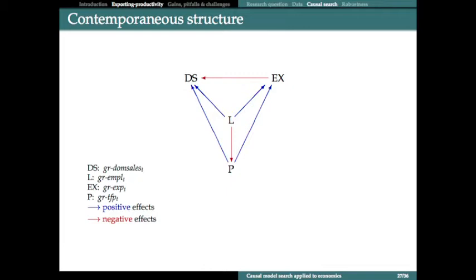Then we have productivity, so it's like a Cholesky order, right? The first one is driving everything, then productivity, then exporting, and then domestic sales.